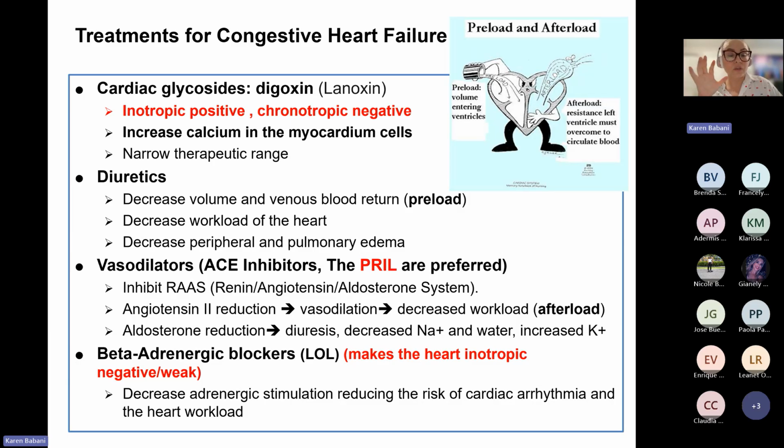In an adult, if the heart rate is less than 60. In a child, if the heart rate is less than 70. In an infant, a newborn baby, because newborn babies can also have congenital heart failure, the number is less than 90. Obviously, what's normal for an adult is not the same for a child.